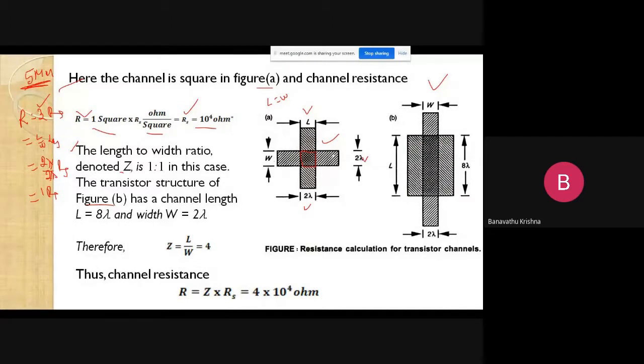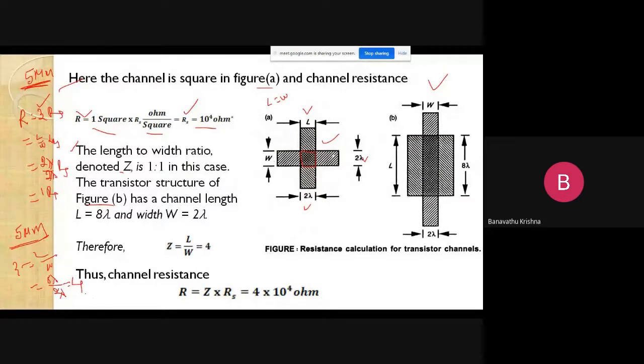Again, this is also for 5 micrometer technology. Z equals L by W, that is 8 lambda by 2 lambda, and finally we get the value 4.